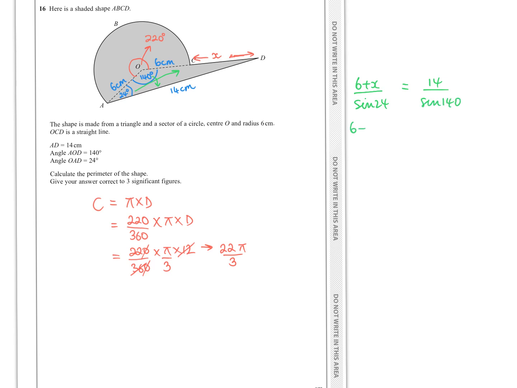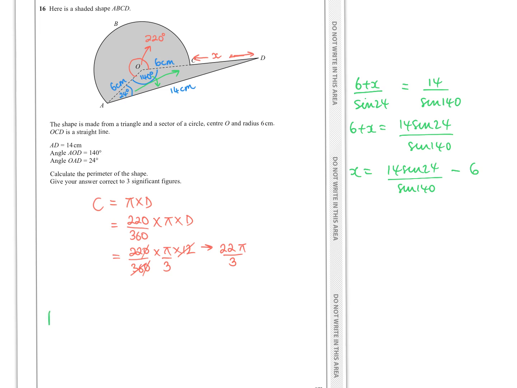So that means 6 plus x is equal to 14 sine 24 all over sine 140. So x is then 14 sine 24 all divided by sine 140 minus 6, just taking 6 on both sides.